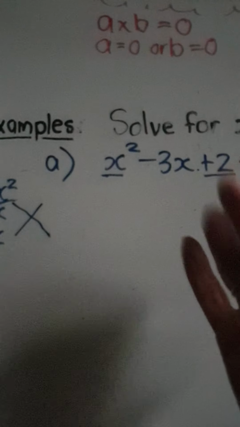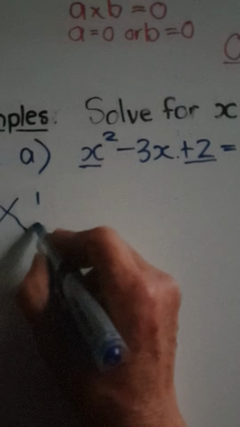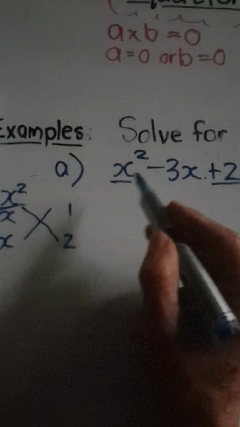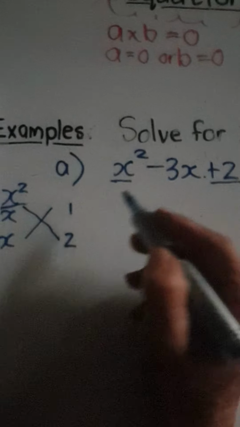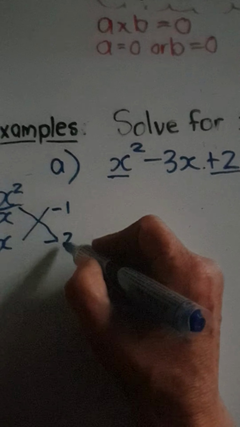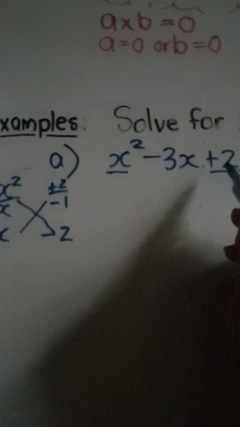So 2 only has 2 factors because it's a prime number: 1 and 2. I can't use plus, because a plus and a plus will never give me a minus, so they must both be negative. Negative 1 times negative 2 will give me plus 2, which is what I want there.